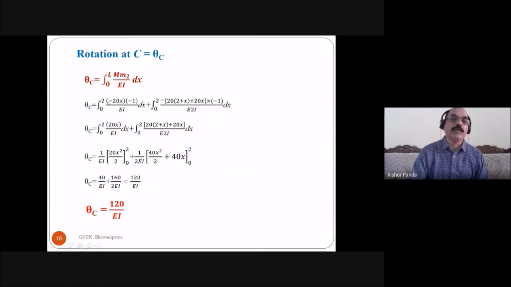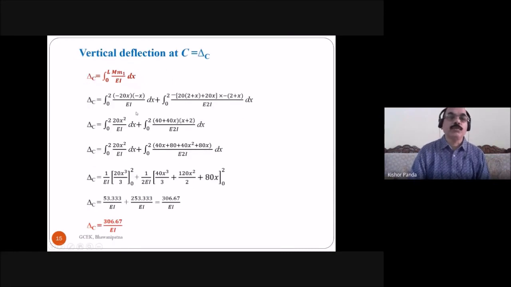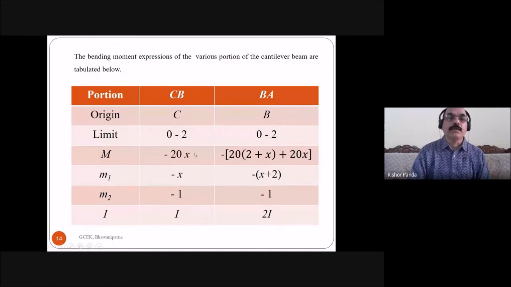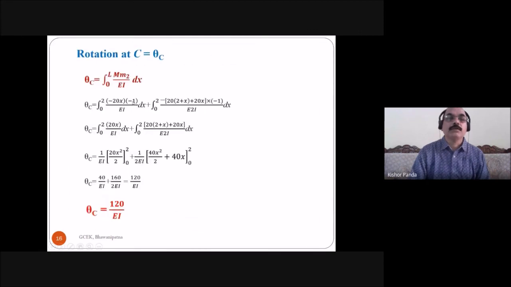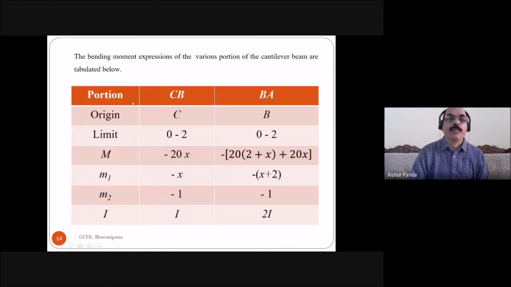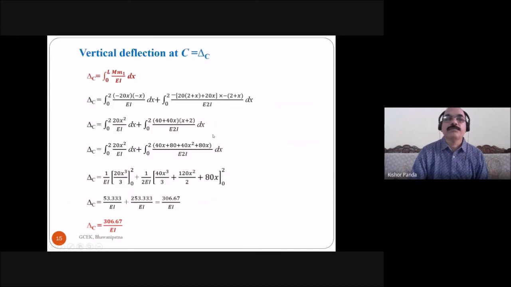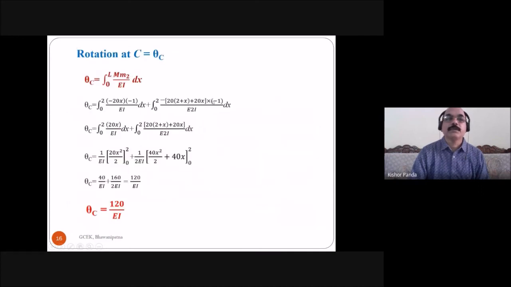Then here for the BC portion, this is the value you have to put here: minus 20x, and small m2 is -1, so minus 20x times minus 1. Similarly for the AB portion, capital M and m2 is -1.